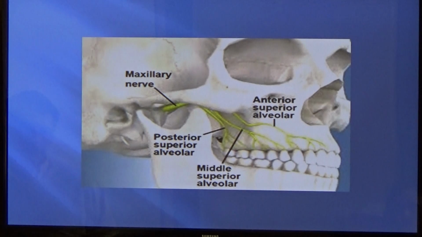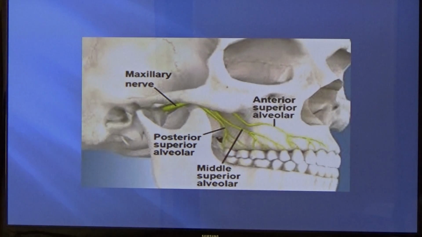The blocks, where to apply the topical. The question will say which maxillary block is used or is placed at the maxillary canine. So you'll put ASA, anterior superior. Which one is on the second premolar, the middle, and which one is on the second molar, the posterior.